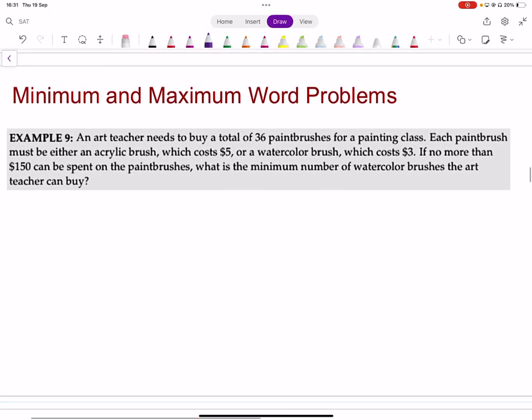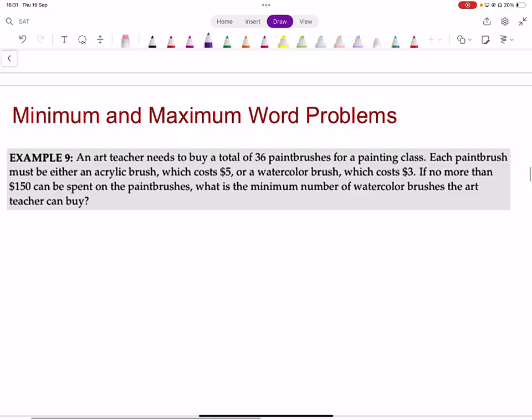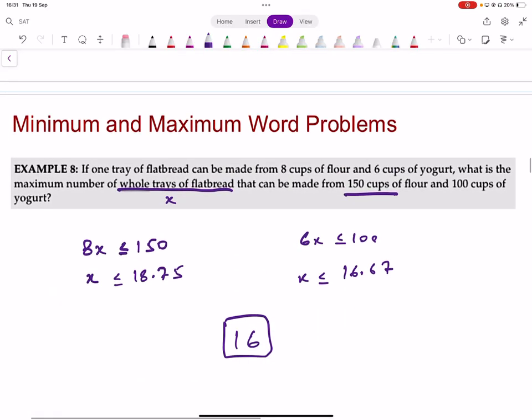All right, let's have a look at this. X represents the whole number of trays of flatbread you can have. Each tray requires 8 cups of flour.